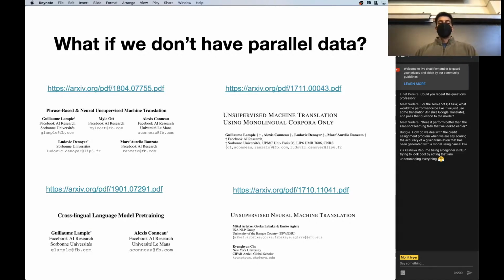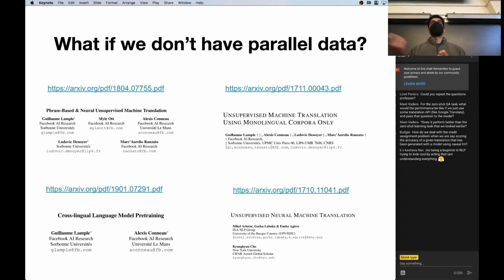But in this case, we have a more reasonable assumption where we have a lot of monolingual data in each language. And the way that this generally works is you have a word embedding model that you train in each language. So for example, I can train a word embedding model in English, a word embedding model in French, and I can align the two vector spaces together.